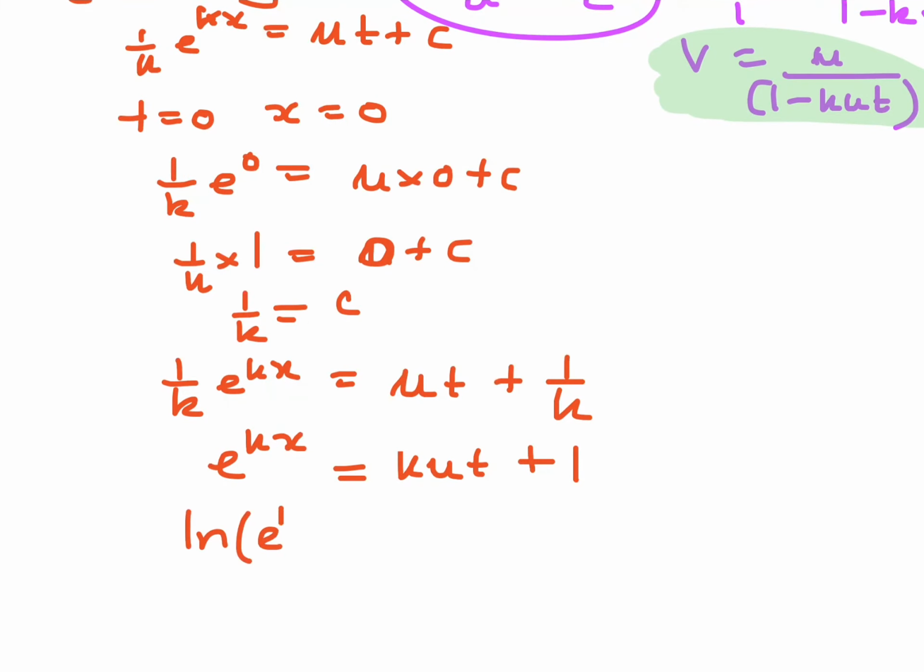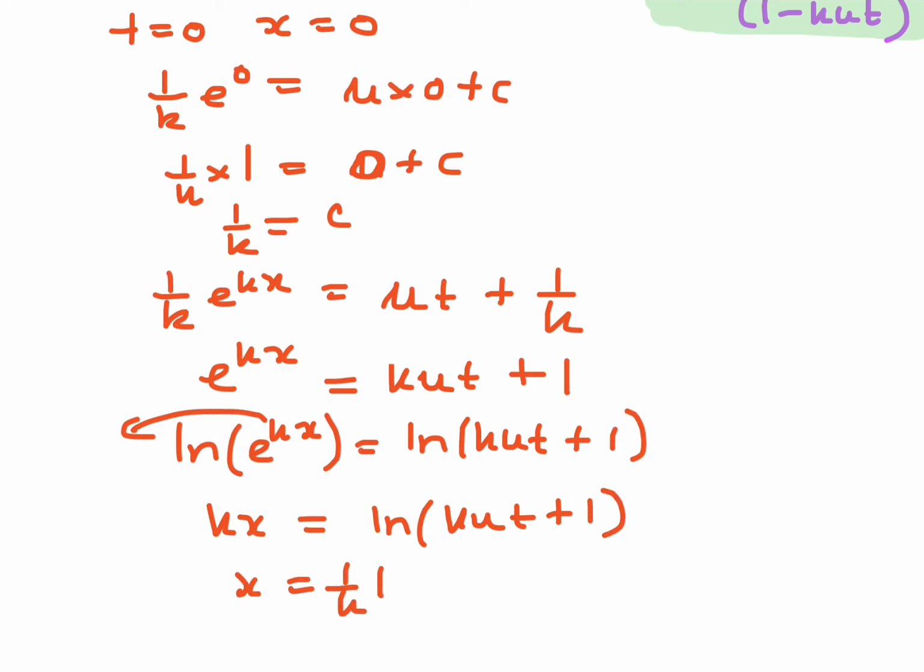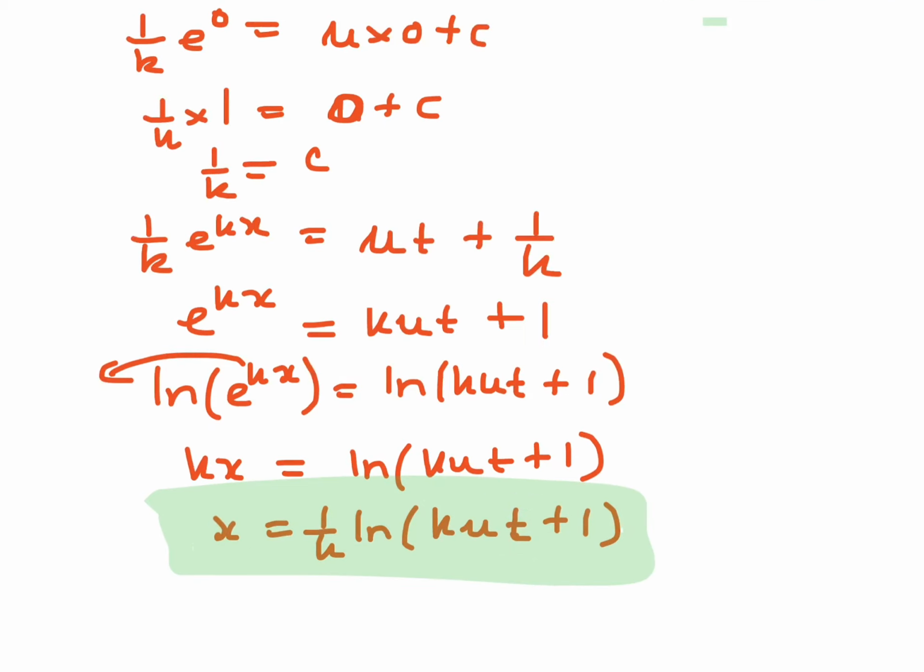And then if you ln both sides, you get kx equals ln of k mu t plus 1, since the power comes down. And then x is 1 on k ln of k mu t plus 1. And that is the displacement in terms of time.